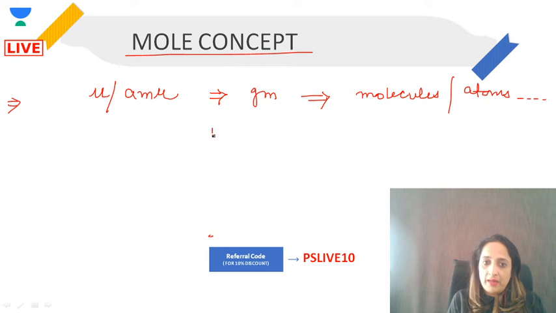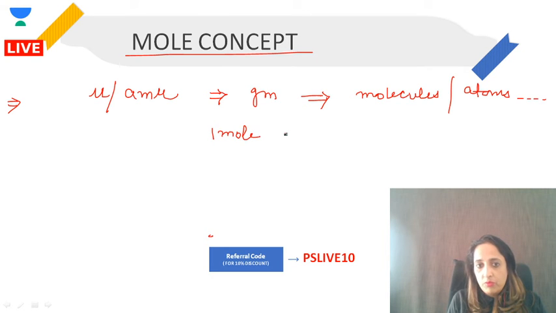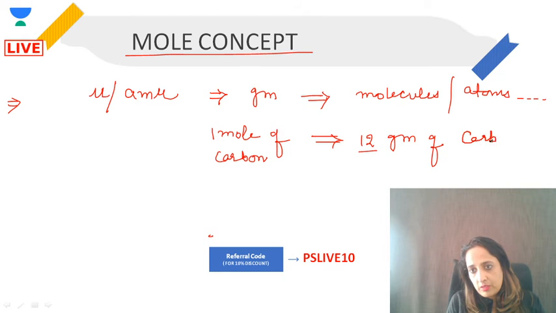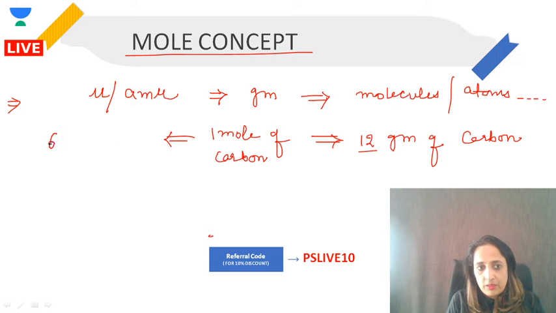For example, I write 1 mole of carbon. That means I'm talking about 12 grams of carbon, which is also equal to 6.023 into 10 to the power 23 atoms of carbon.